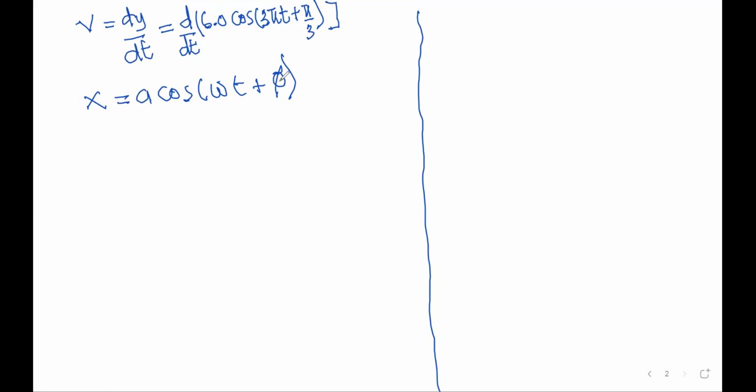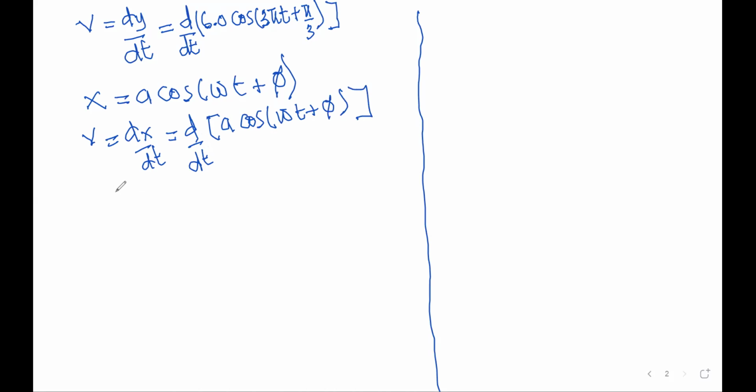If you have an equation like this and you want to determine the velocity equation, this is dx on dt. So this will be equal to the differential of x, which is A cos omega t plus phi. When we differentiate this, A would not be affected.